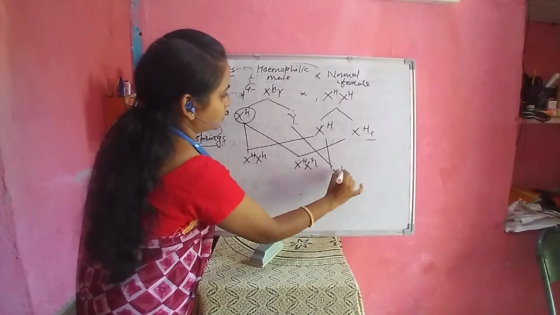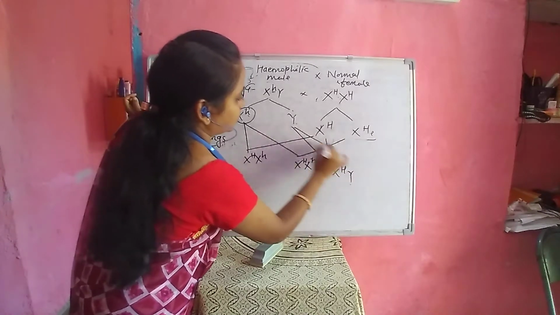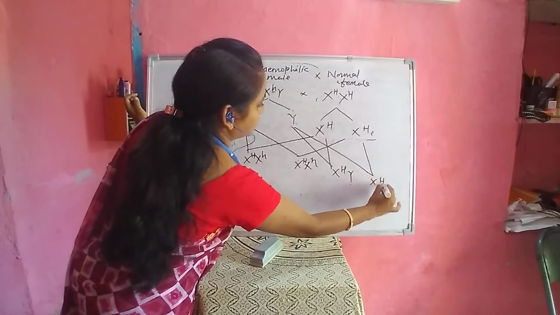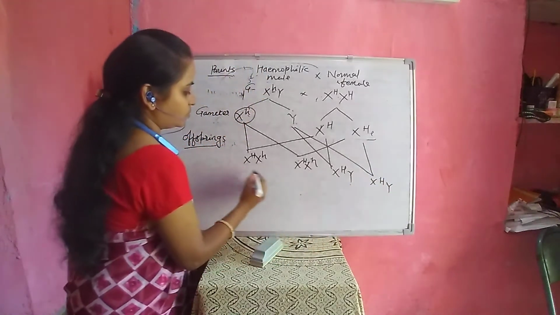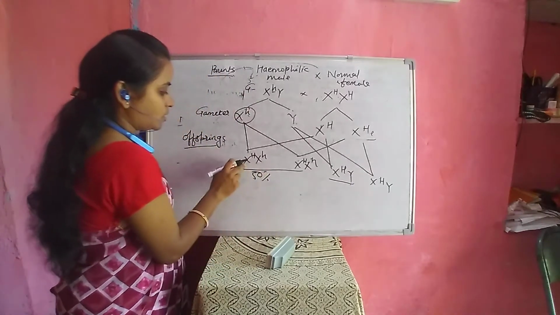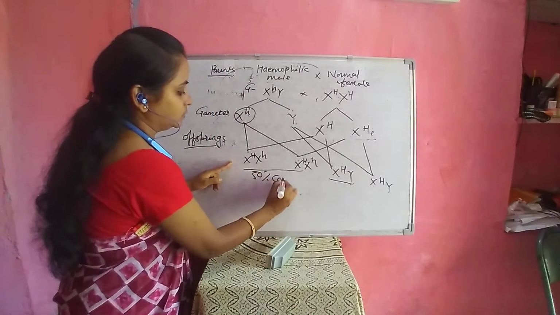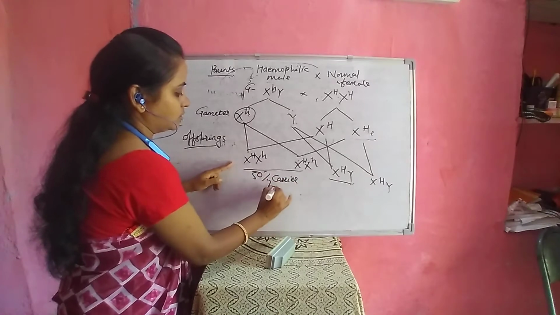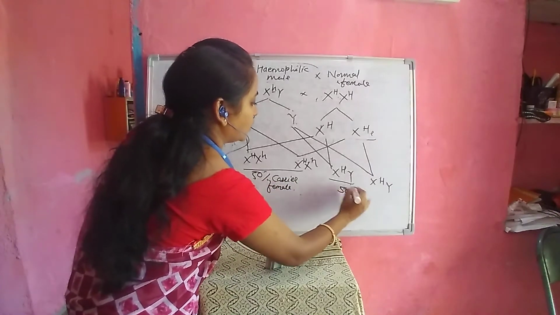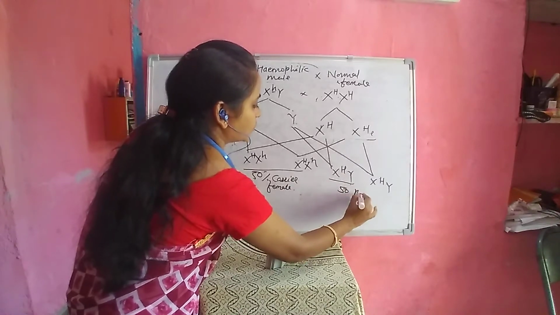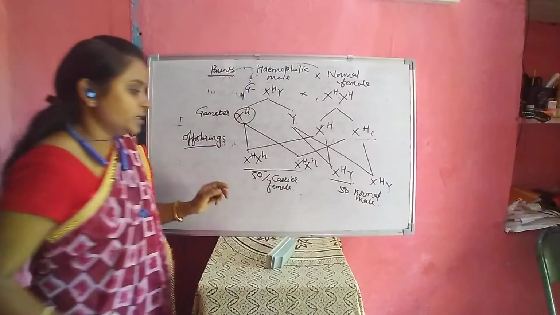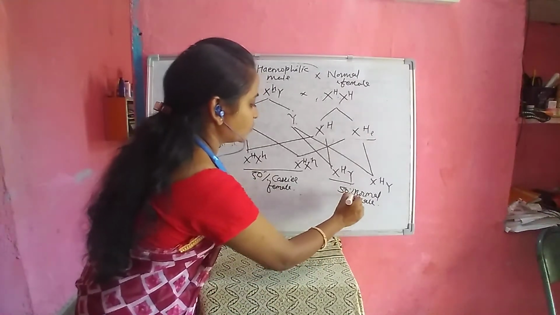Then H and Y, and the last one is X, H and Y. Hence you can see here that there is 50% carrier female and 50% normal male.